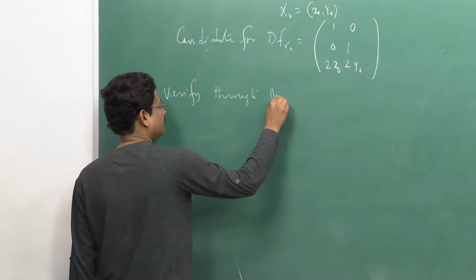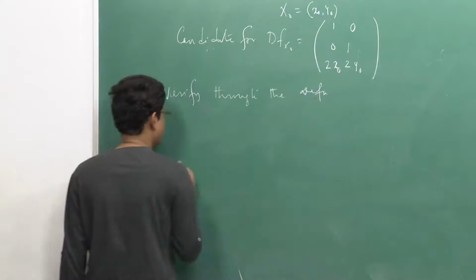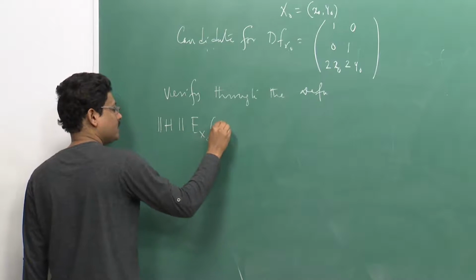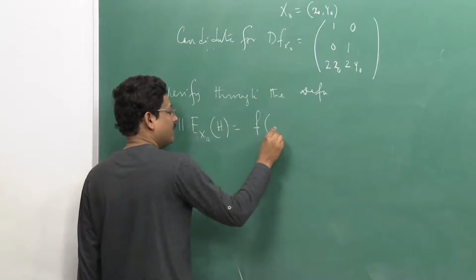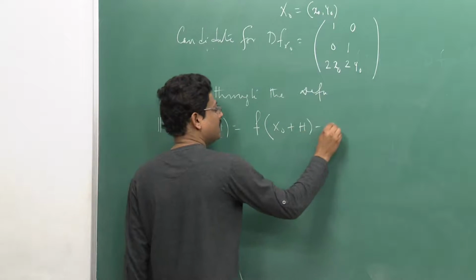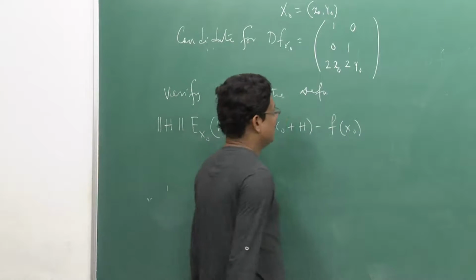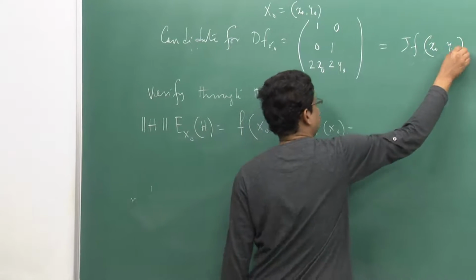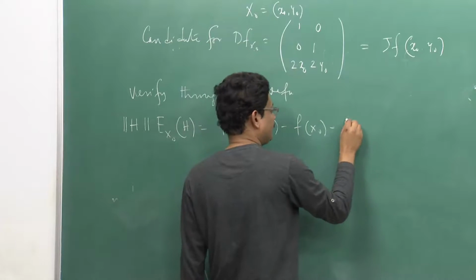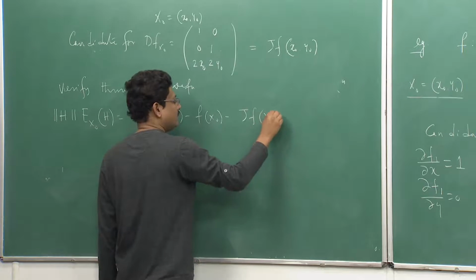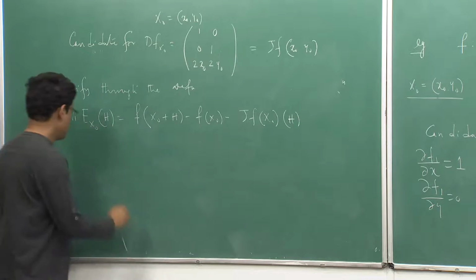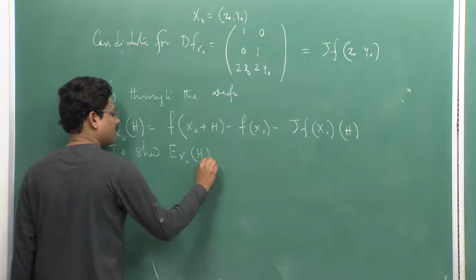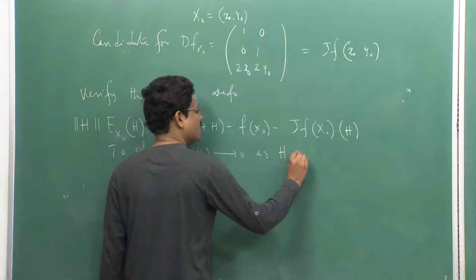Verify through the definition. That is, I have to put E(x naught, h) equal to f of x naught plus h minus f of x naught minus, according to our notation, J f at (x naught, y naught) acting on h, and show that E(x naught, h) goes to 0 as h goes to 0.